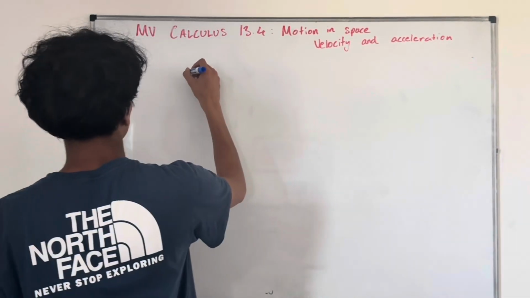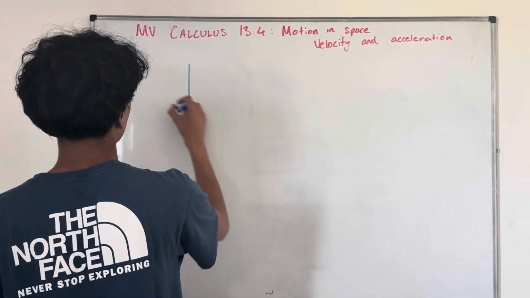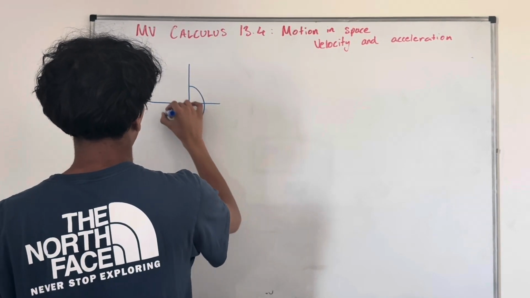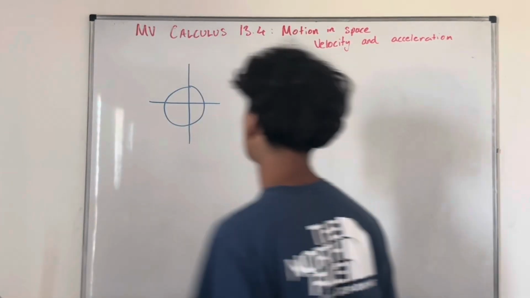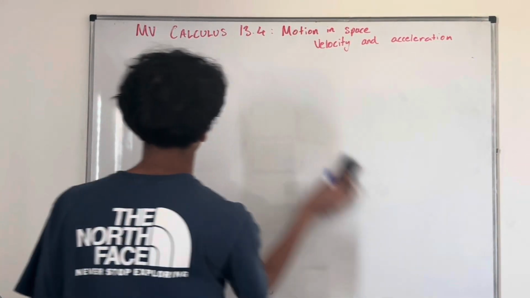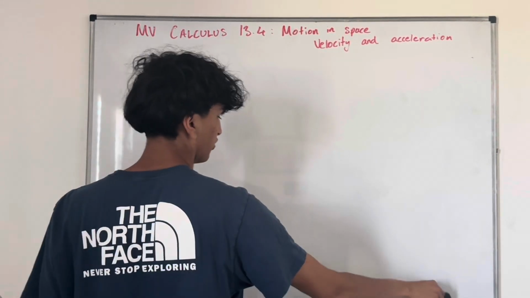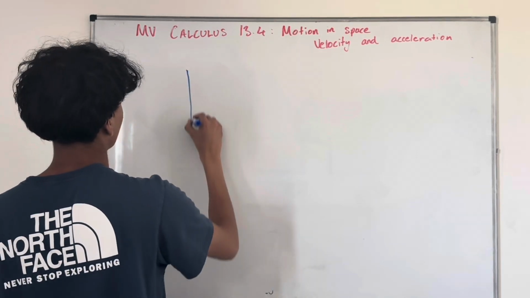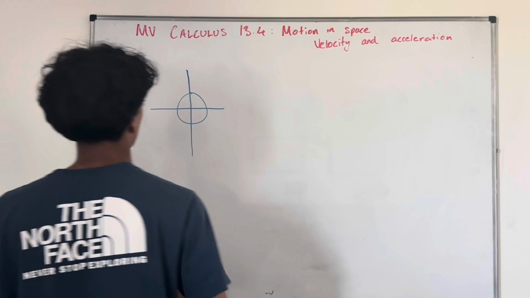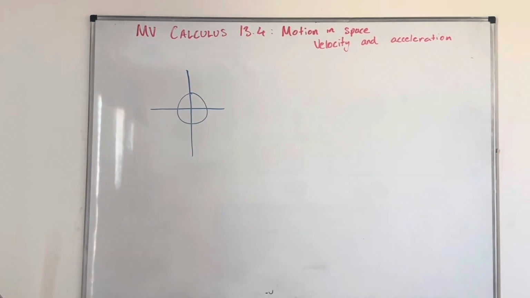Let's say an object is moving in a circle, like so. Just pretend it's centered. But let's say we have an object moving in a circle at a constant speed.